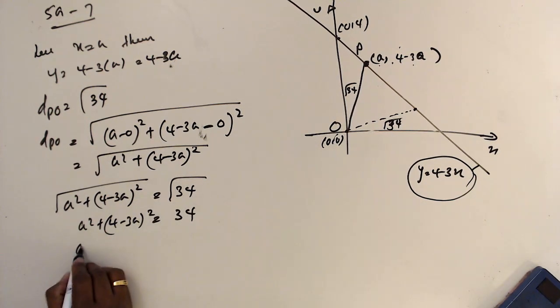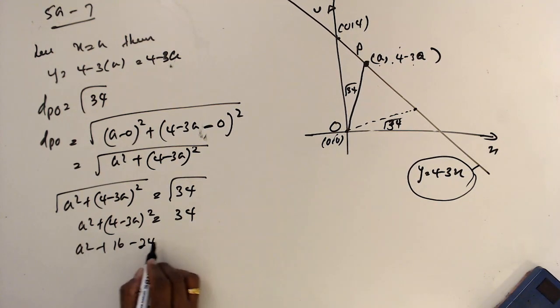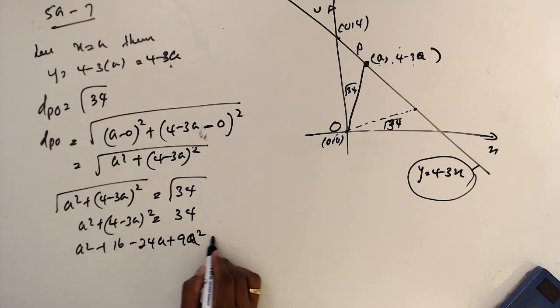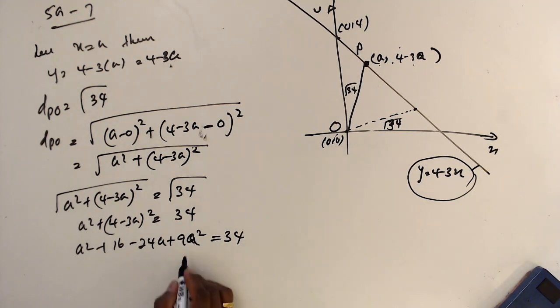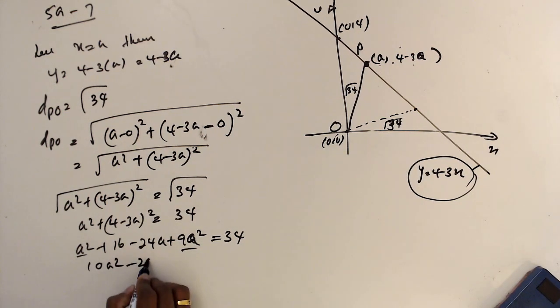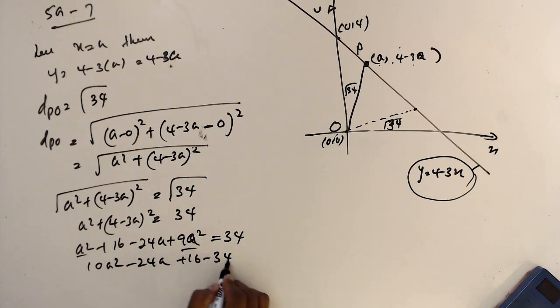Now I have to simplify. a squared plus 16 minus 24a plus 9a squared equals 34. Combining, 10a squared minus 24a plus 16 minus 34 equals 0.